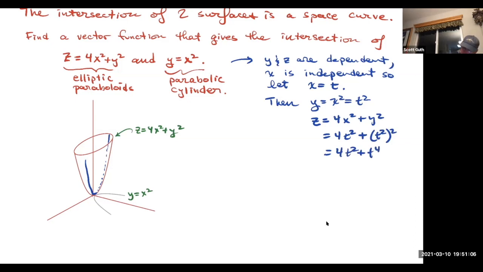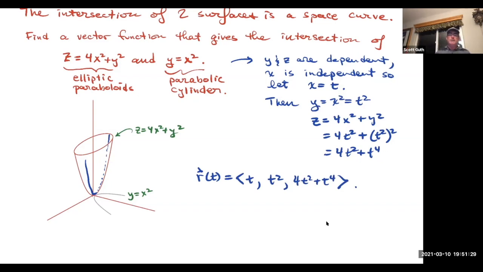And so then I would write my space curve r of t with my x, which is just t, my y, which is t squared, and my z, which is 4t squared plus t to the fourth. Just like that. And you've traced out the curve.